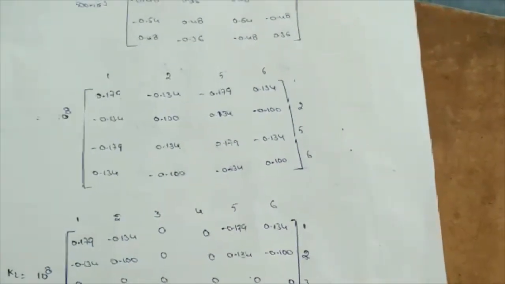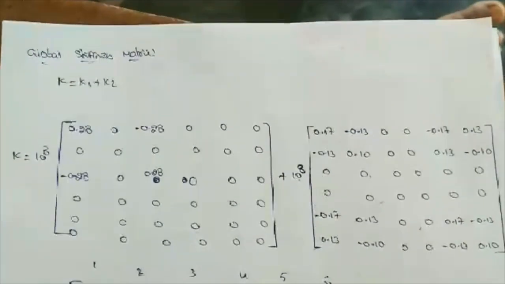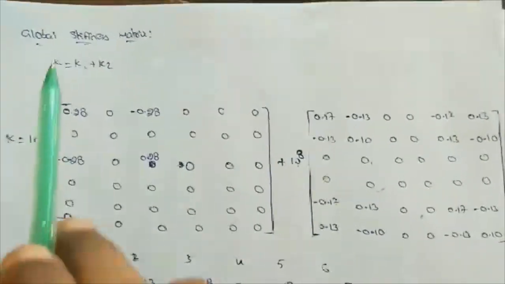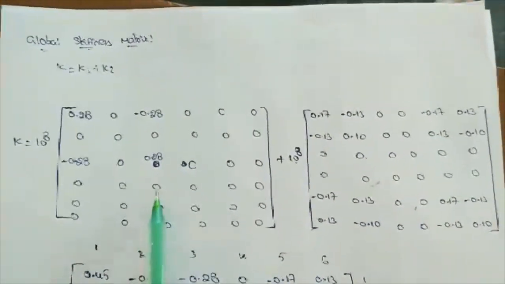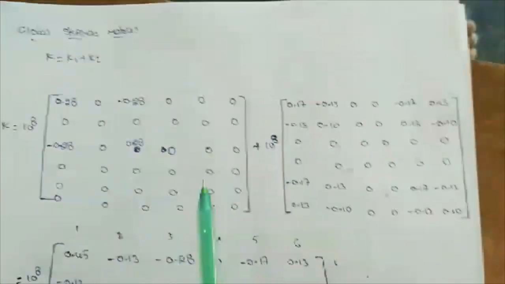After finding the stiffness matrix of the first element and second element, you have to find the global stiffness matrix. Here the global stiffness matrix is k equal to k1 plus k2. This is the k1 matrix you got, and this is the k2 matrix. Both matrices have 10 power 8 as common, so you keep it outside.